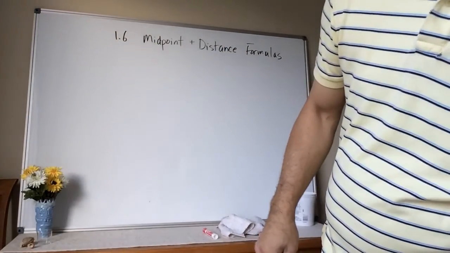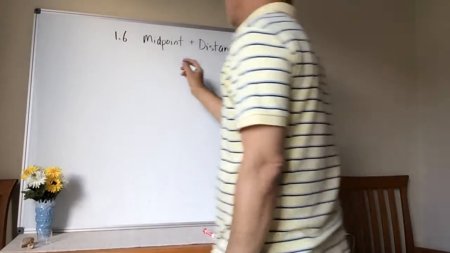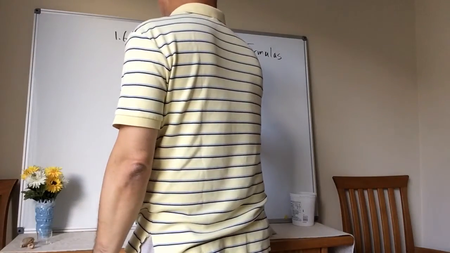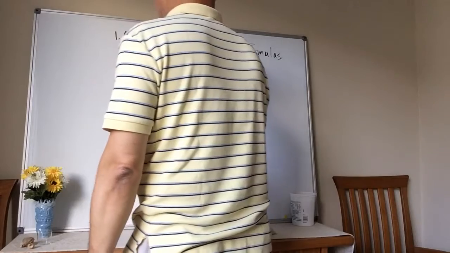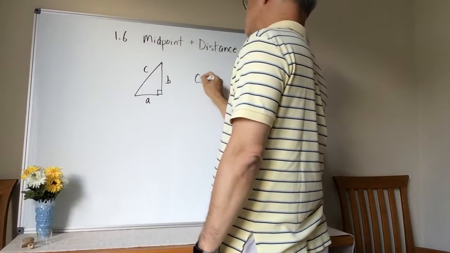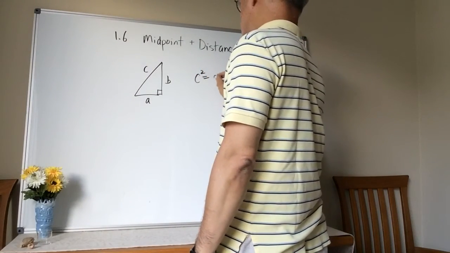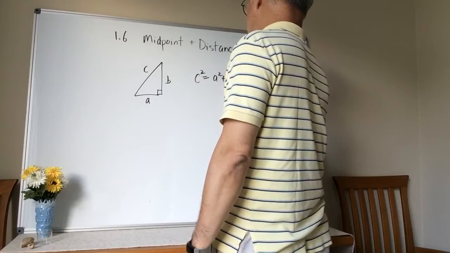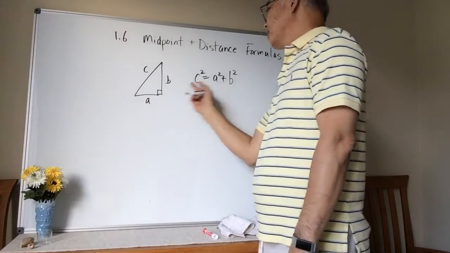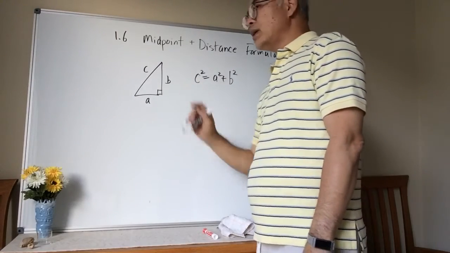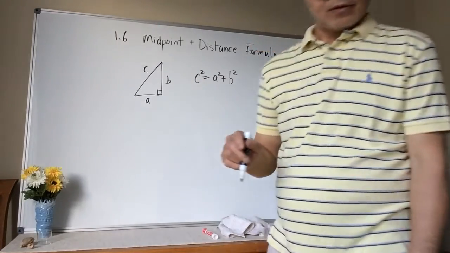So if I had a triangle that looked like this, where it's a right triangle, and this is A, B, and C, the Pythagorean theorem says that c squared is equal to a squared plus b squared. Okay, so that's the Pythagorean theorem. Again, it works only in right triangles.